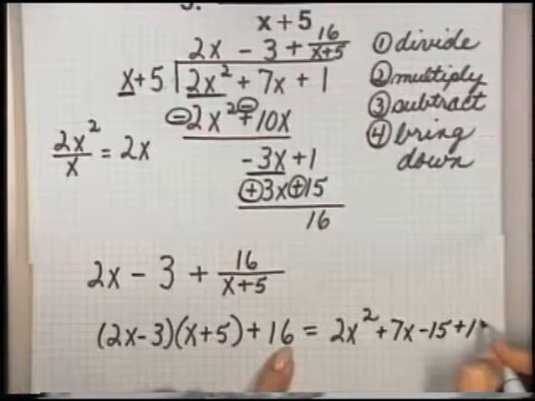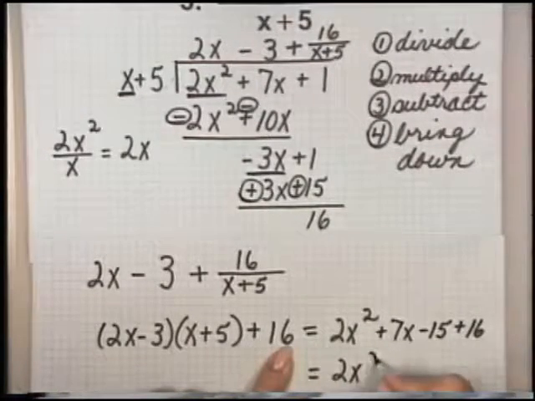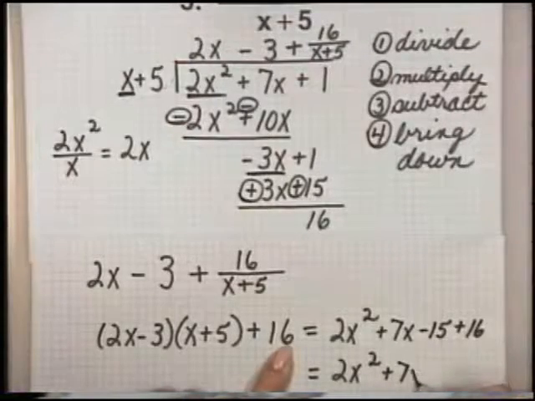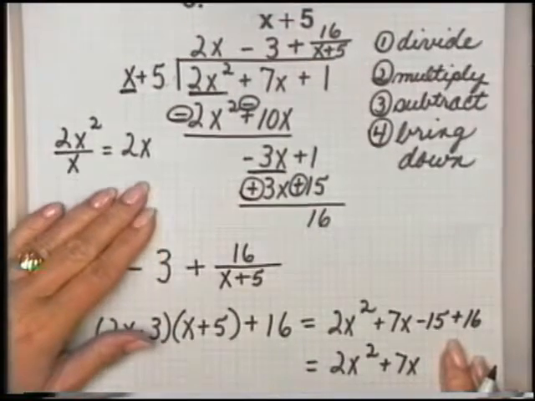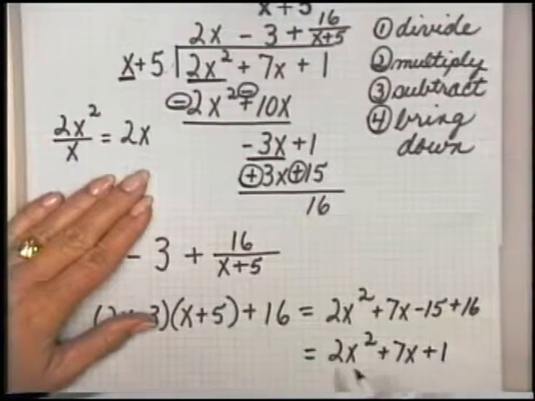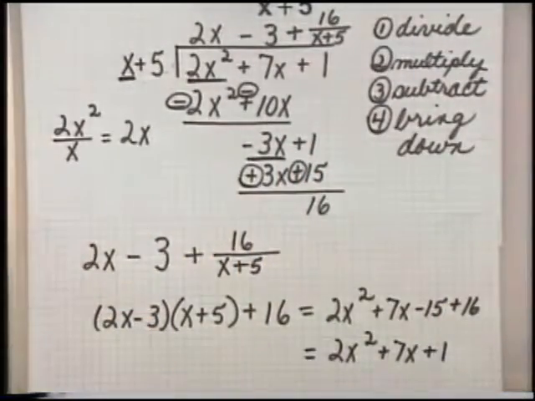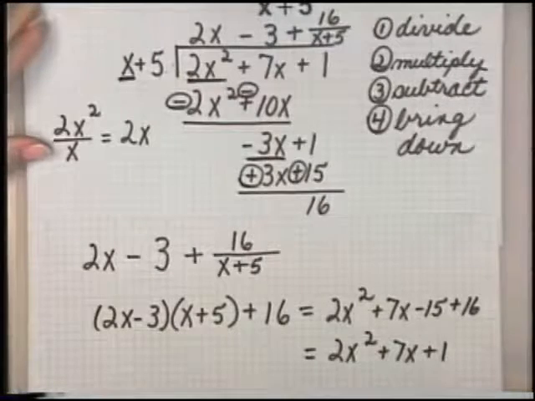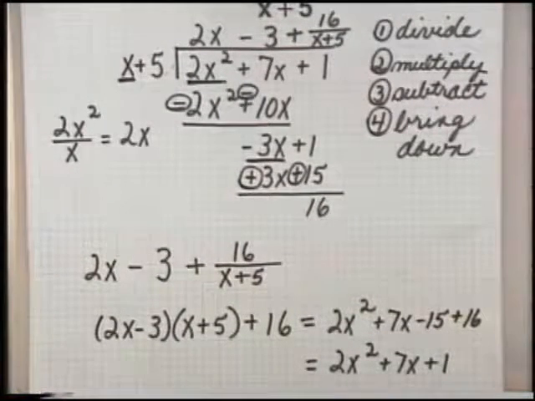This is the result when we FOIL. Then we want to add 16 to it. So we'll get 2x squared plus 7x and minus 15 plus the 16 gives us a plus 1. Is that our dividend? Sure enough, it is. So we have checked this problem, haven't we?